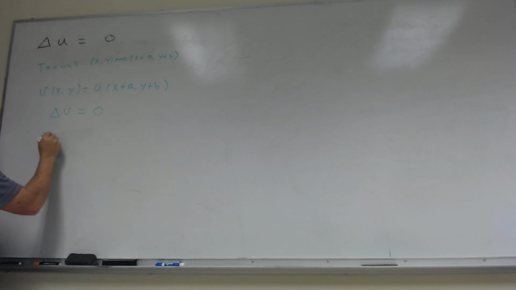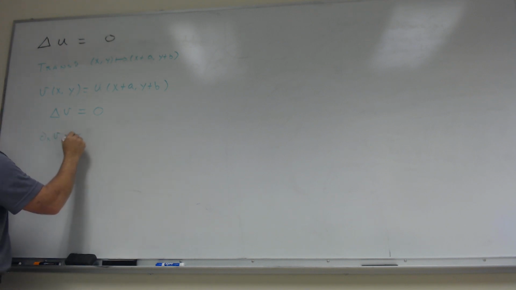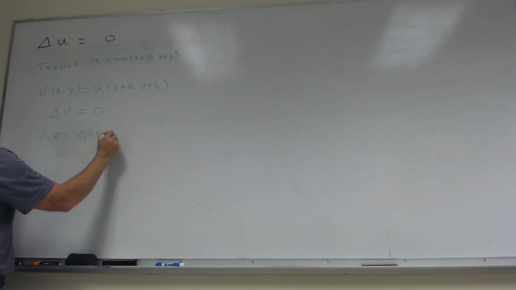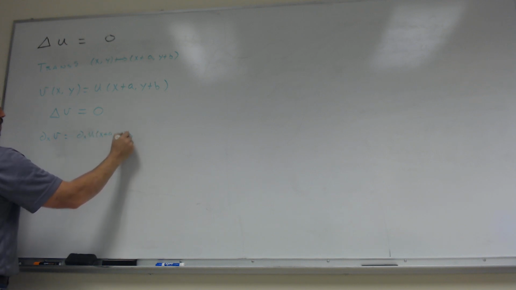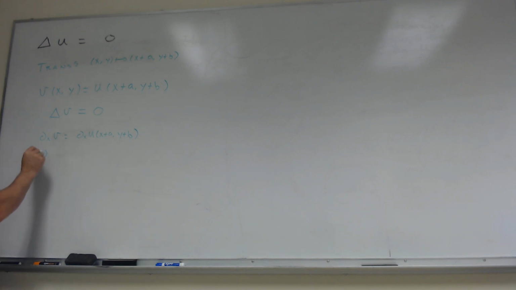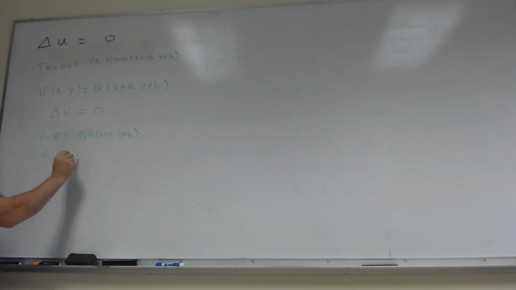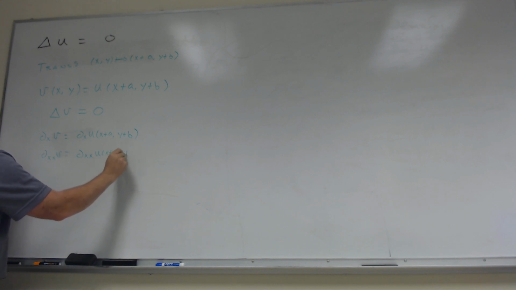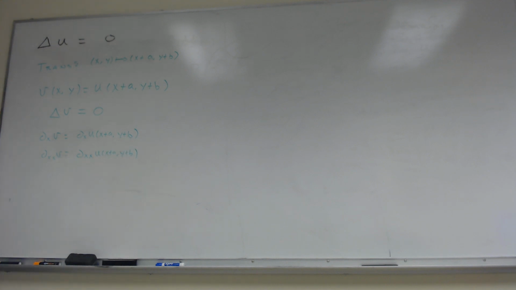The x derivative of v is equal to the partial derivative of u at (x plus a, y plus b), times the derivative of x plus a with respect to x, which is just 1. And so you can see that similarly, the double x derivative of v is going to be equal to the double x derivative of u of (x plus a, y plus b).